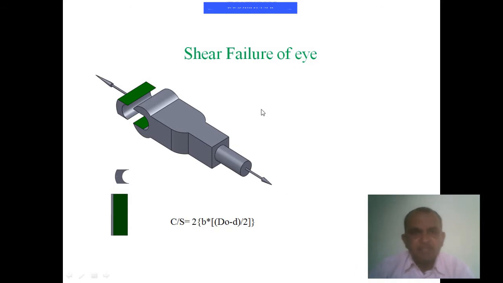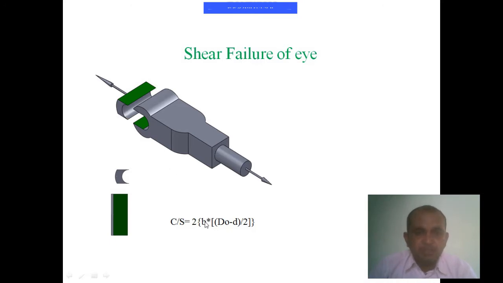Then the shear failure in the eye: based on the applied stresses, the shear failure occurs parallel to the applied forces, and is present at two sections, the topmost side and the bottommost side of the pin. You can find the cross section area, which depends on the diameter of the eye, the pin diameter and the width of the eye.